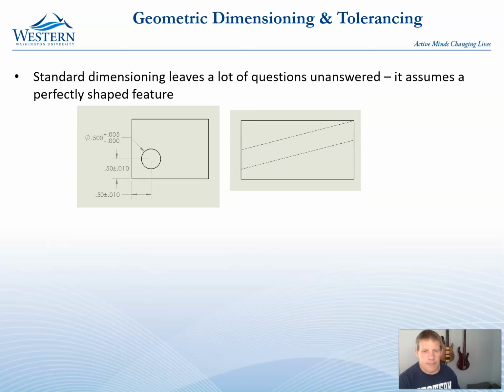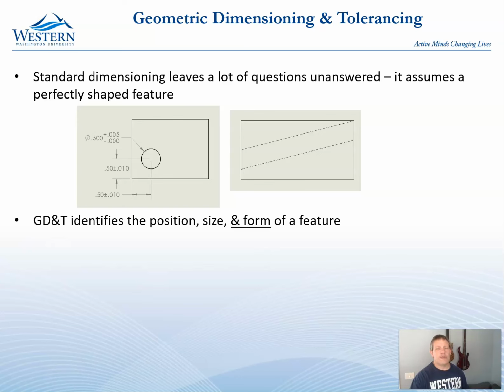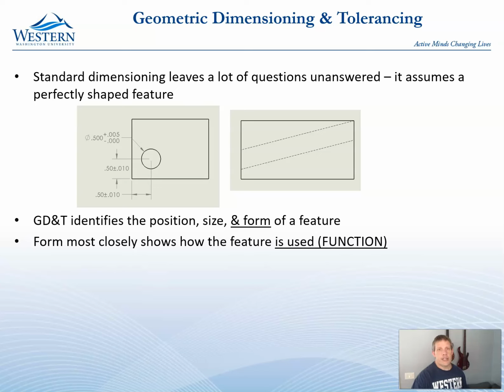But if we tried to fit a pin that were in an adjoining piece of material into this hole, it's unlikely that it would fit. So we need to add more information so that we can talk about not only the size of the hole, but also some of the form of the hole, and that form is going to imply or match the function.